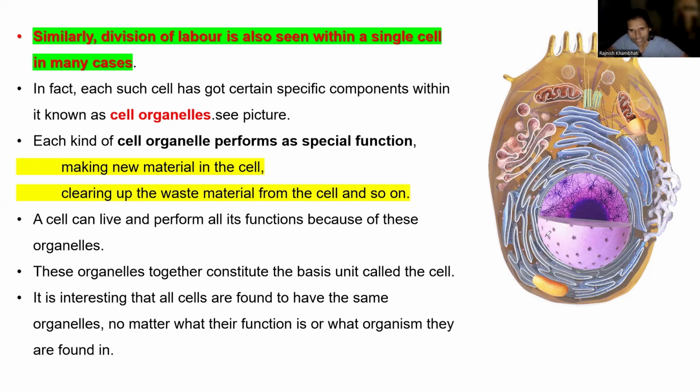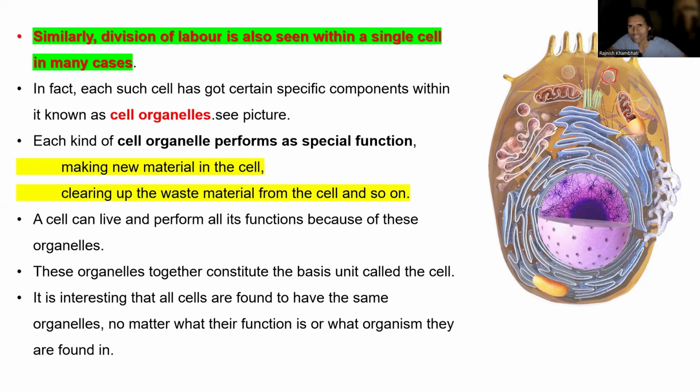If you can see this circle in the center, it is the nucleus. It is surrounded by this structure which is called RER and SER, endoplasmic reticulum. Then this structure is the mitochondria. This is a vesicle, or a lysosome.